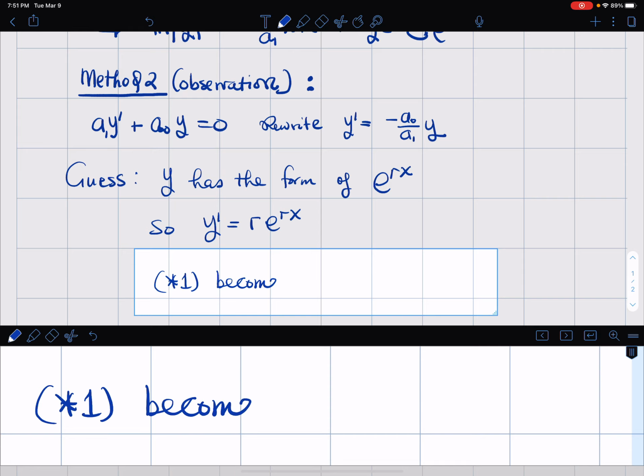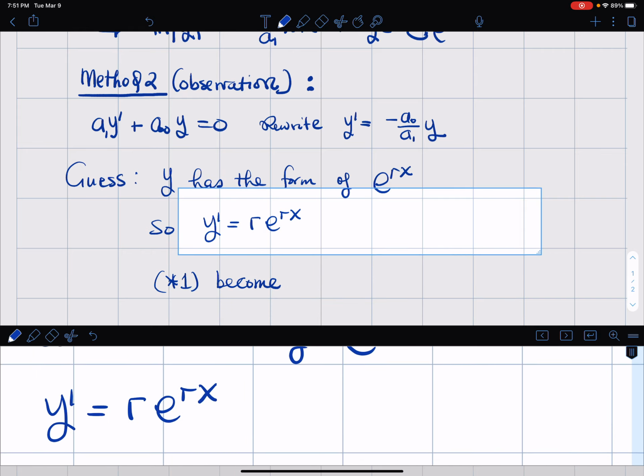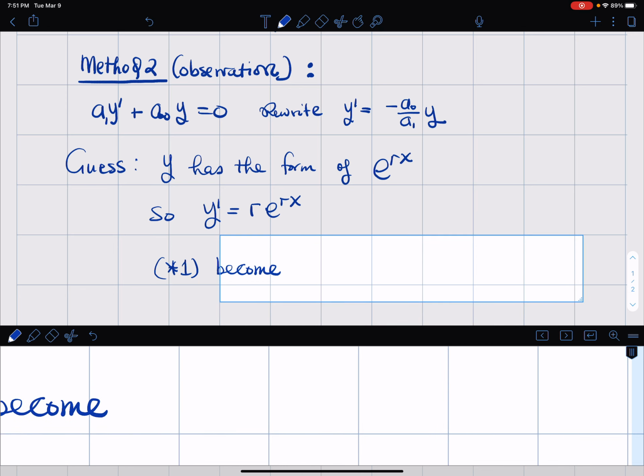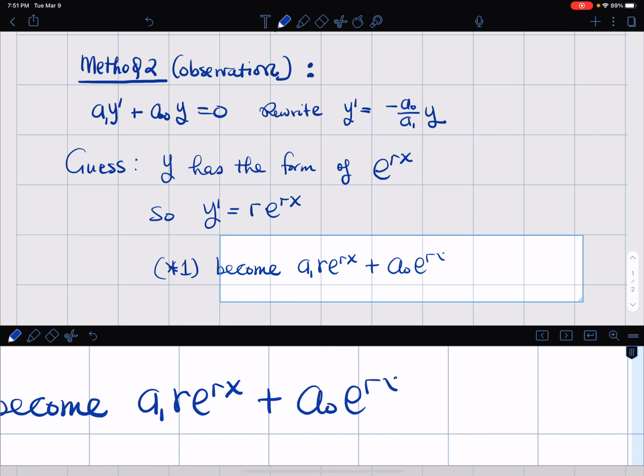Our equation star 1 becomes, we plug y prime and y into the equation, we get r e to the rx, a1 r e to the rx, plus a0 e to the rx, and this is equal to 0.